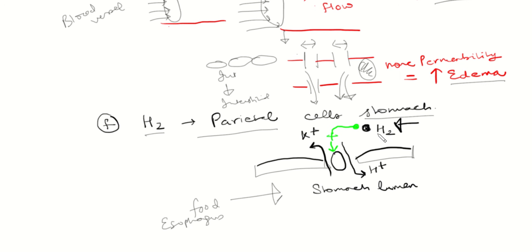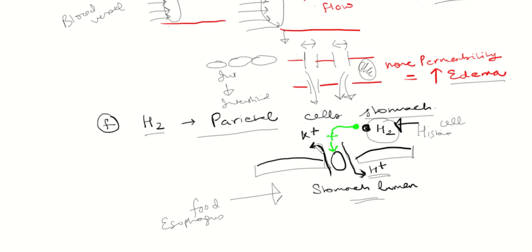And so what happens is, again, there's a mechanism by which there are cells in the stomach that get stimulated that produce histamine, and that histamine then stimulates the H2 receptor. What the H2 receptor does is it promotes secretion of H plus or hydrogen ion into the stomach lumen.